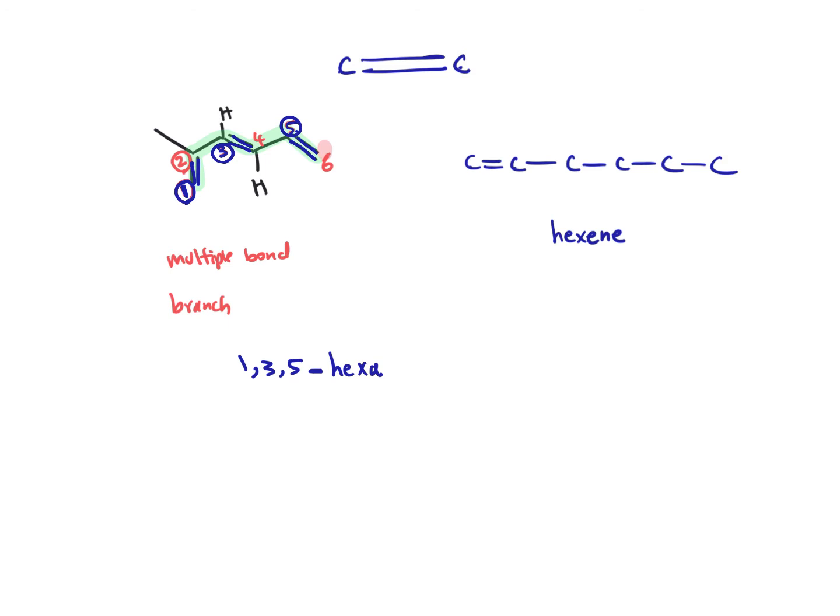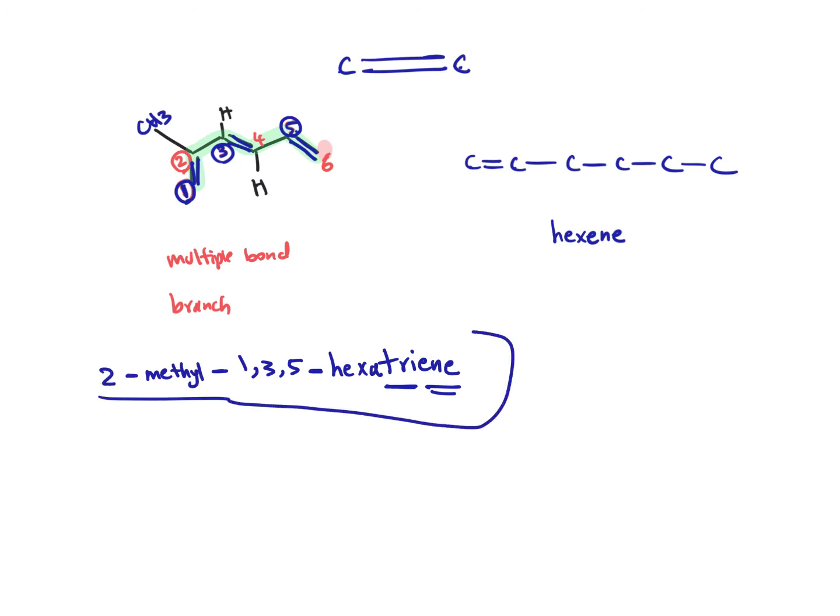We would call those triene. It means 3 double bonds. Remember? And also, we have methyl, this is CH3, on carbon number 2. So it would be 2-methyl-1,3,5-hexatriene.